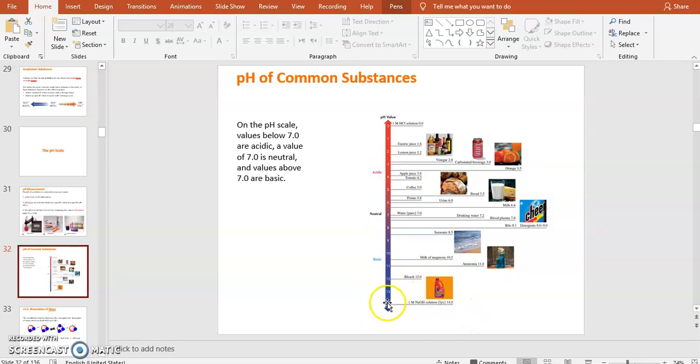So you can see that here all the reds are acids, 7 is neutral, and all the blue are basic. Acids, you can see soda, orange, meat, milk and cheeses, and also bread. All of these are considered acids. Neutral is the water, some of the dairy products as well.